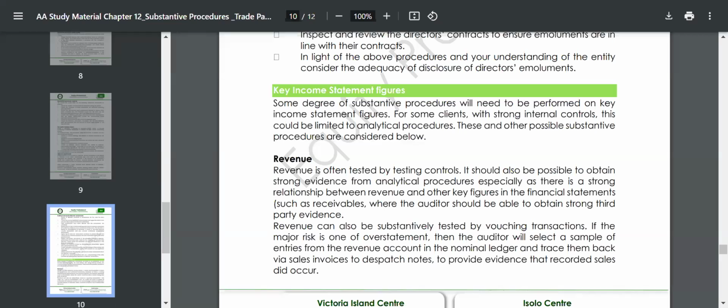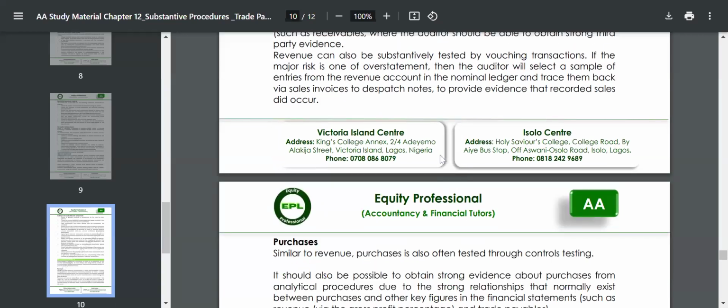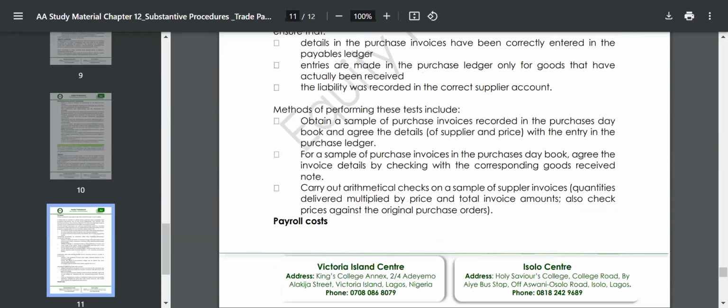Now, it's very important that we also look at the twin brother of the statement of financial position, and that's your statement of profit or loss, otherwise known as the income statement. In looking at this, we won't look at all the line items under your income statement. We will just look at some key line items.